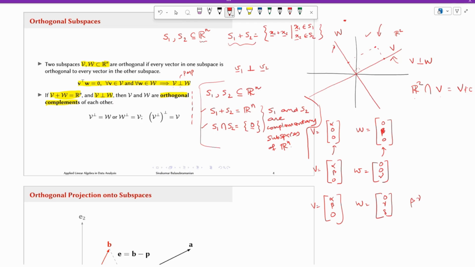What about the XY plane and the YZ plane? Are they complementary subspaces? Just verify the conditions. There are two conditions you need to verify, and tell me whether both of them are satisfied. They are: if you add the two, the sum of the two subspaces will produce R3. Is the intersection 0?